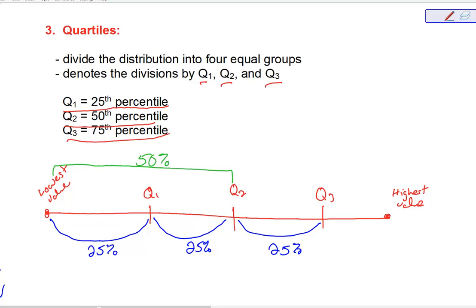So we're looking at from Q3 and below a total of 75%. Then we have the remaining 25%, so that we add up to an entire 100%. Again, we're breaking it up into 4 even parts.